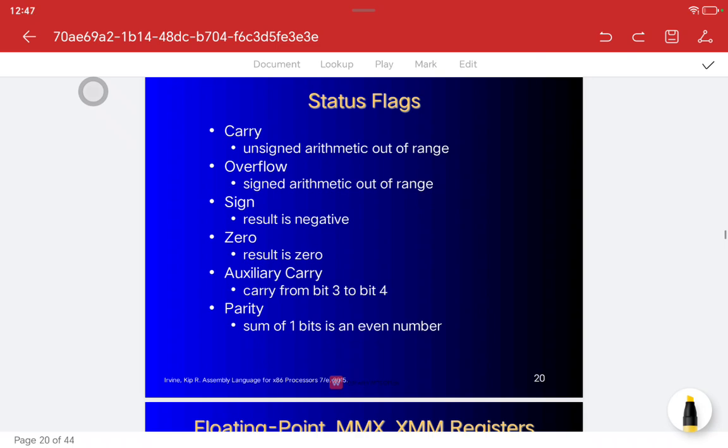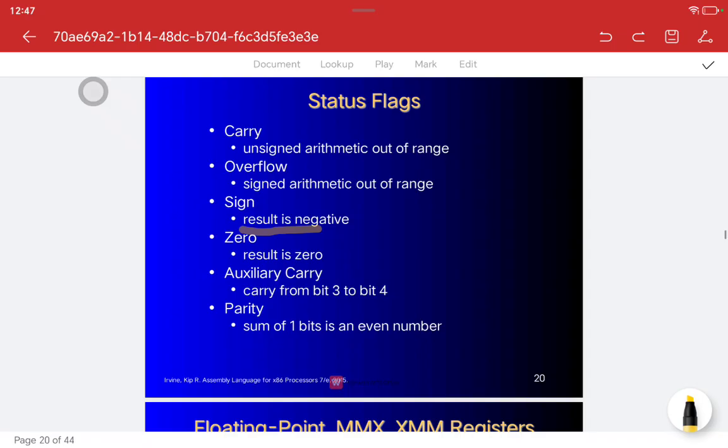If it is positive, we call it a carry; if it is negative, we call it an overflow. The sign flag means the result is negative, and the zero flag means the result is 0.